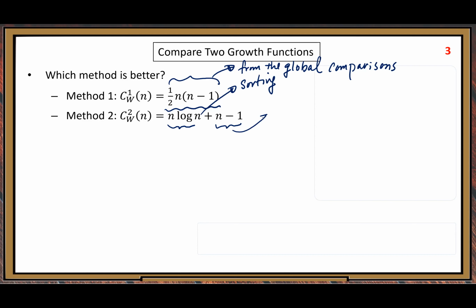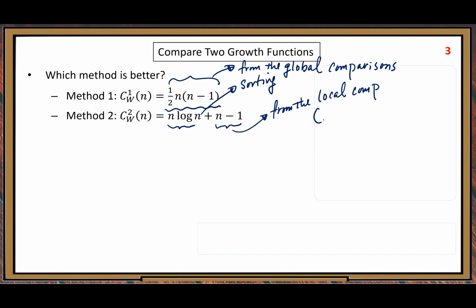This number comes from local comparisons. Local, but actually, yeah, because local can have different meanings, right? Adjacent. Yeah.